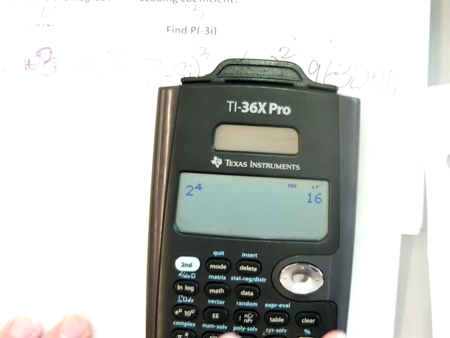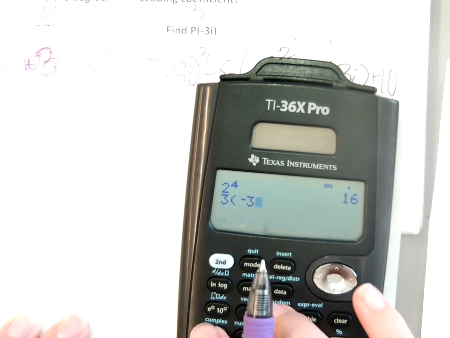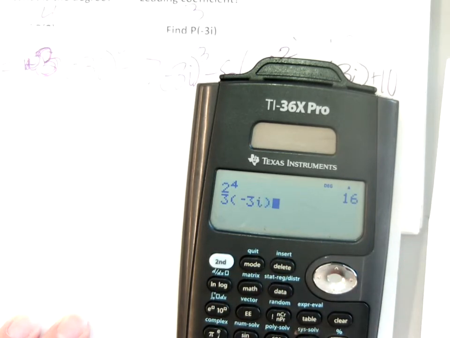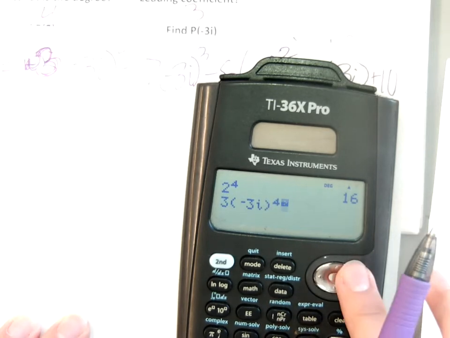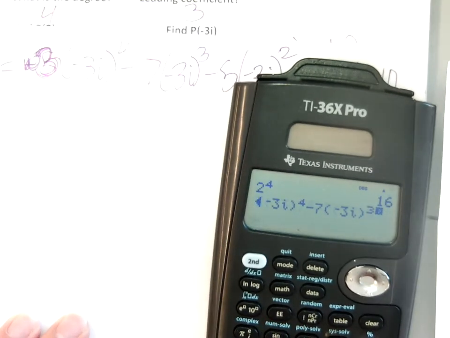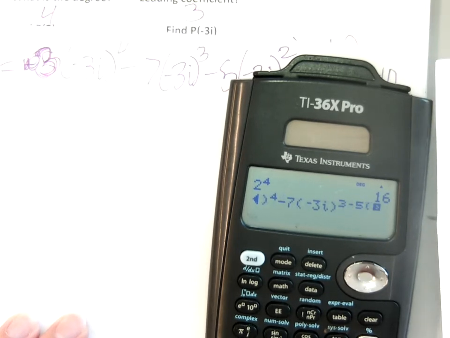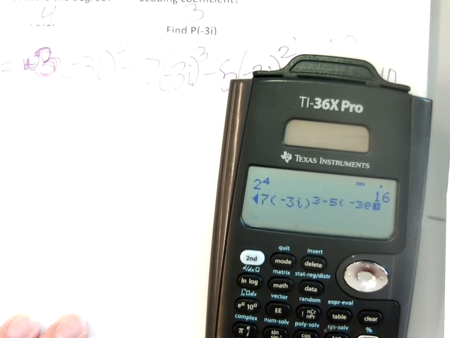So we have 3 times negative 3i to the fourth minus 7 parentheses negative 3i to the third minus 5 parentheses negative 3i.